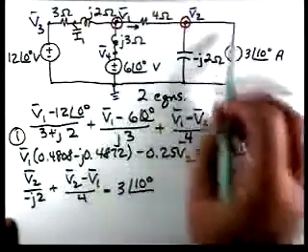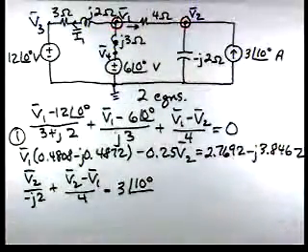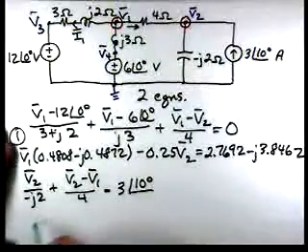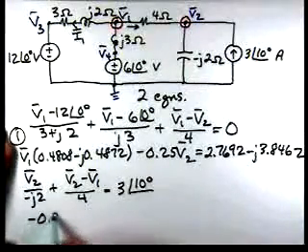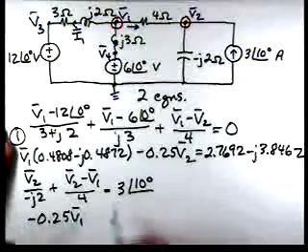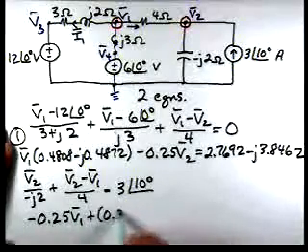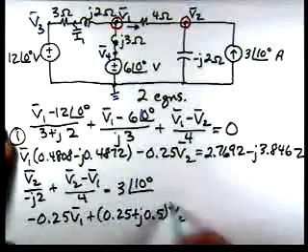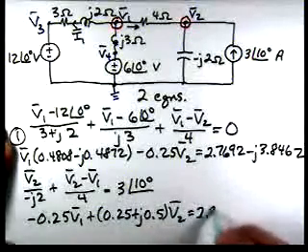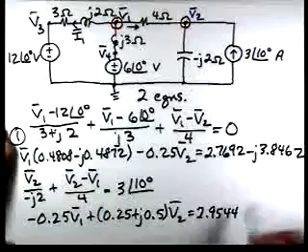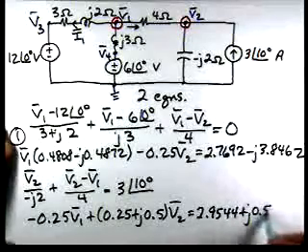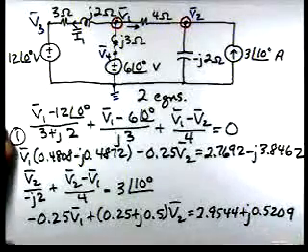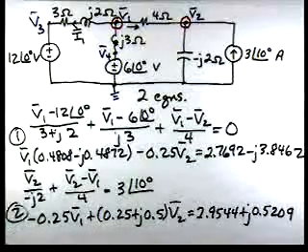That's the current entering from that source. So if we simplify, we'll have minus 0.25 V1 plus 0.25 plus J 0.5 V2 equal to 2.9544 plus J 0.5209. And that's our second equation.